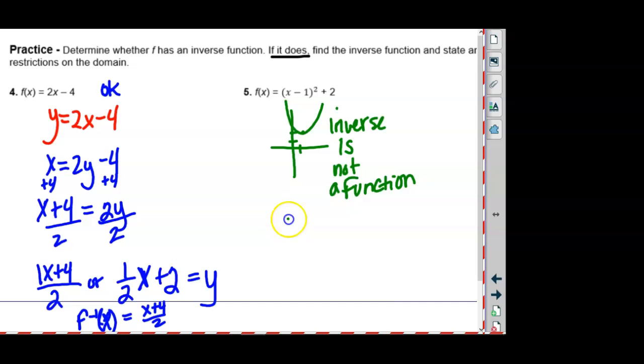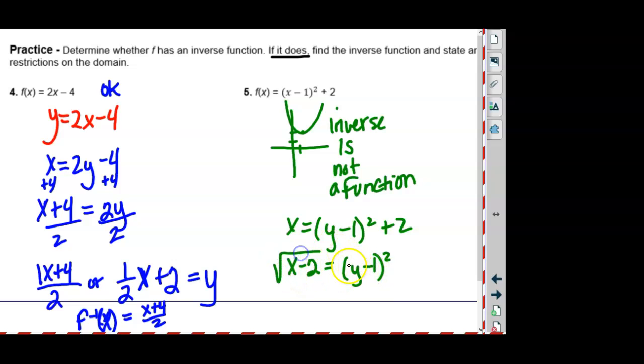Can I just for fun show you how you would isolate that? Let's think about this for a second. You would subtract the 2 to the other side. Everybody with me? How would you get rid of the squared? You'd square root both sides, and you would have to remember a plus or minus.